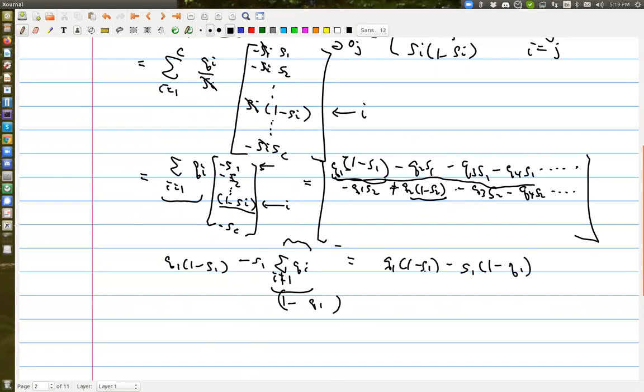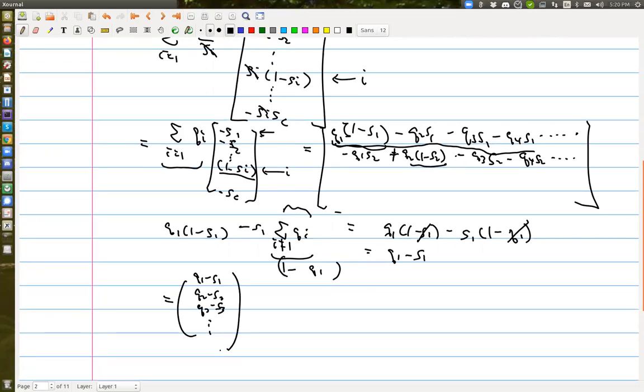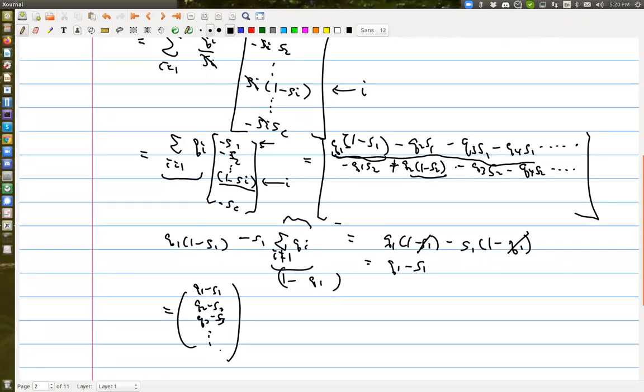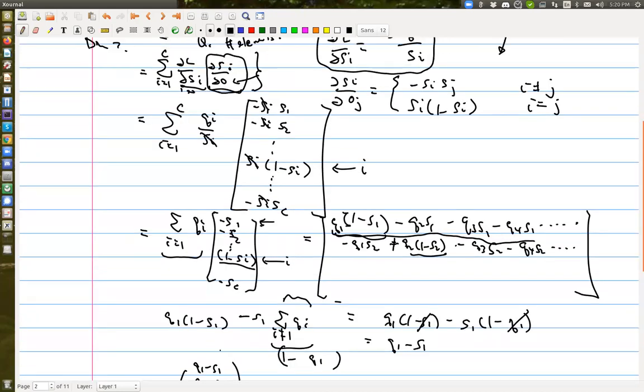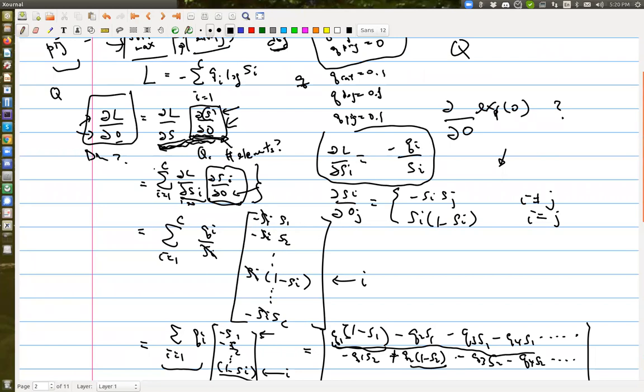Then I will have what? Q1 S1 got cancelled, right? And I only get Q1 minus S1. And similarly for the rest of the coefficients, therefore the entire vector will be Q1 minus S1, Q2 minus S2, Q3 minus S3, and so on and so forth. Okay, I have a sign error here.